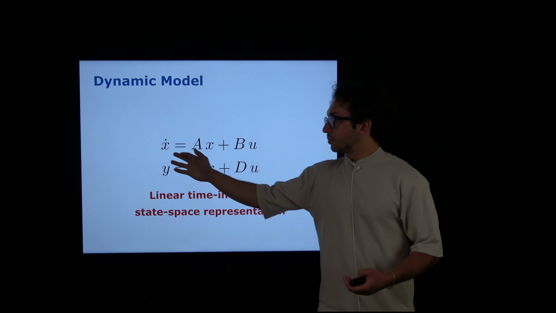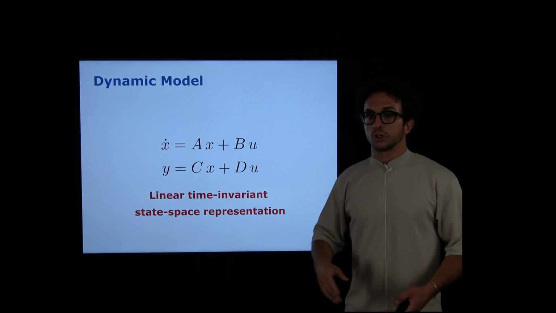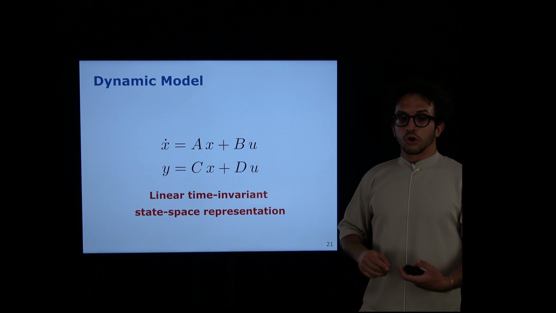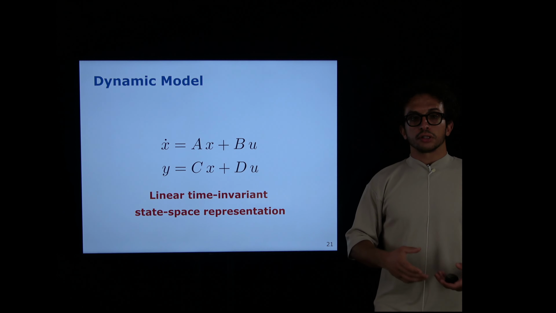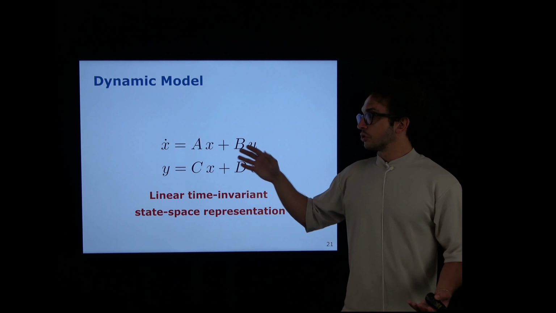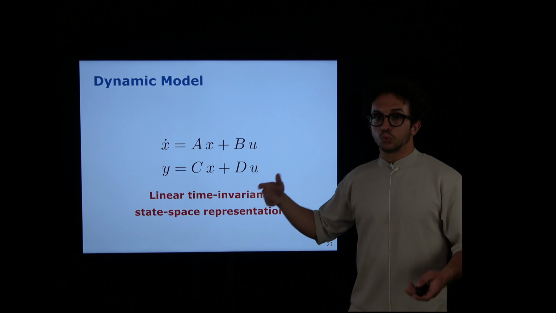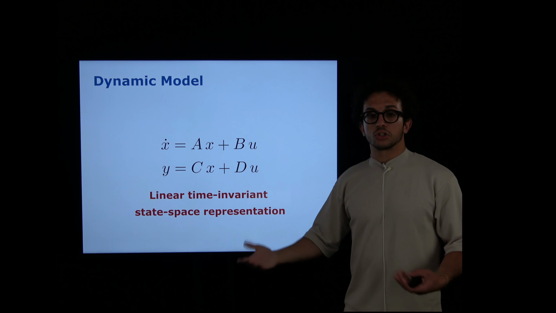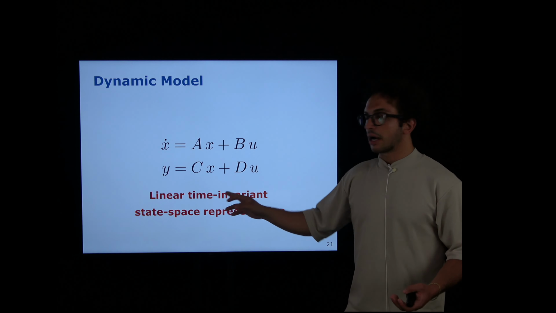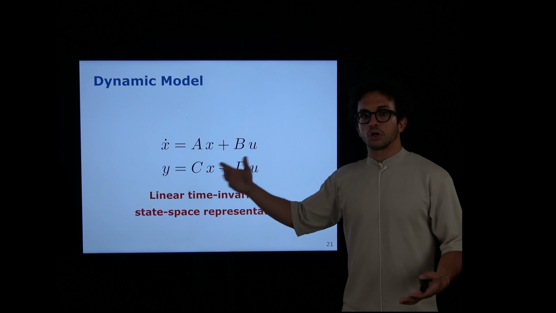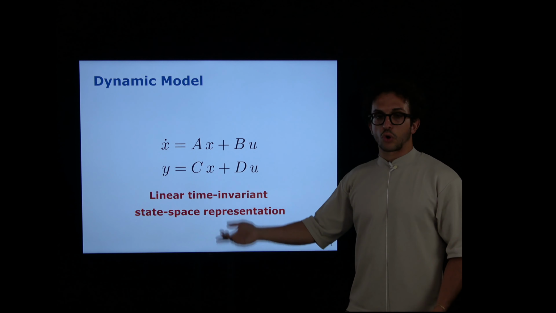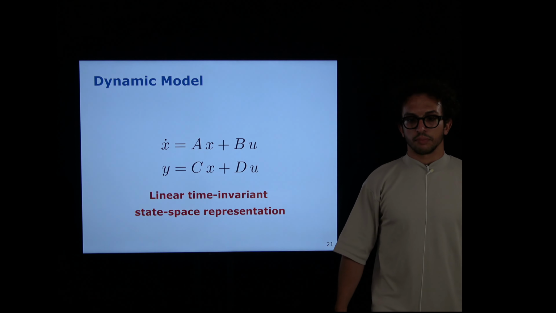And so now you see that both the state equation and the output equation are linear. And also that these matrices here, A, B, C, D, do not depend on time. Those are matrices. X and U depend on time, but the matrices don't. And this is why it's called time invariant. So the system has some constants which are described by the matrices that do not depend on time.